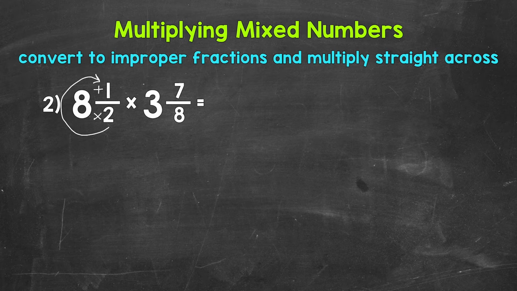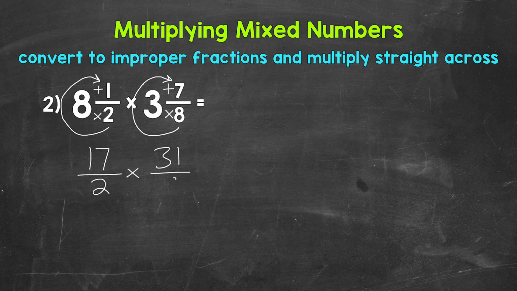So 2 times 8 is 16, plus 1 is 17 over 2, so 17 halves, times, now for 3 and 7/8, so multiply and then add. 8 times 3 is 24, plus 7 is 31. And then we keep the denominator of 8 the same.